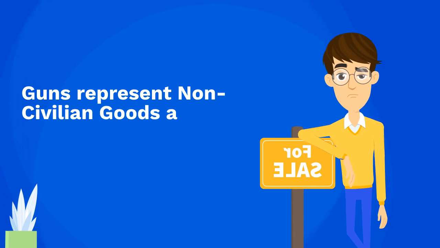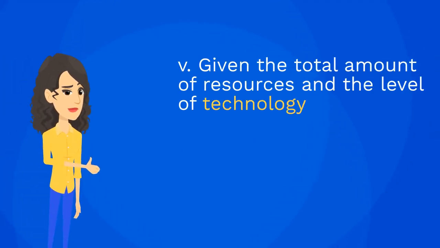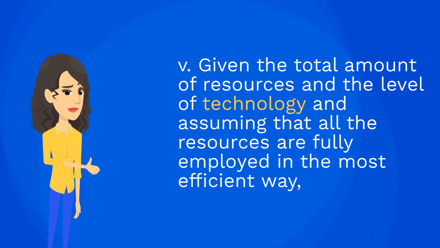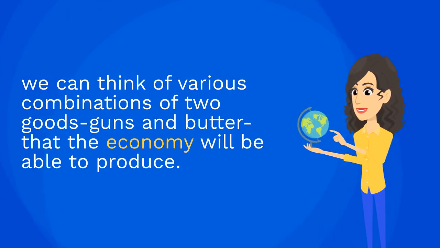Guns represent non-civilian goods as weapons for defense in an economy. Given the total amount of resources and the level of technology and assuming that all the resources are fully employed in the most efficient way, we can think of various combinations of two goods, guns and butter, that the economy will be able to produce.